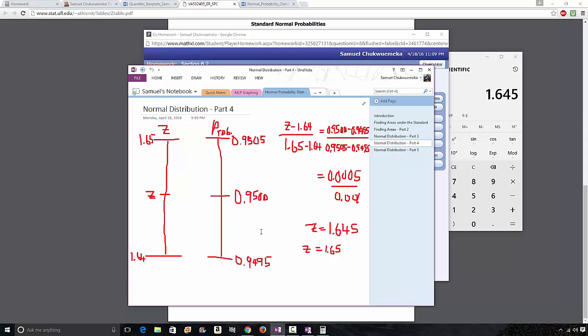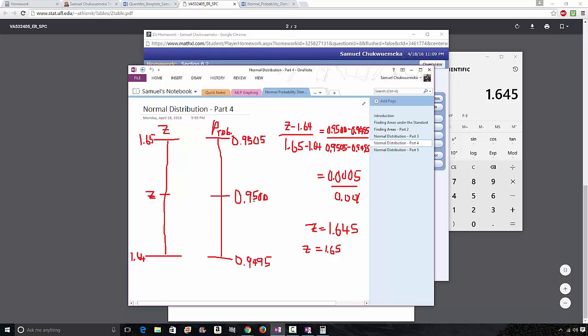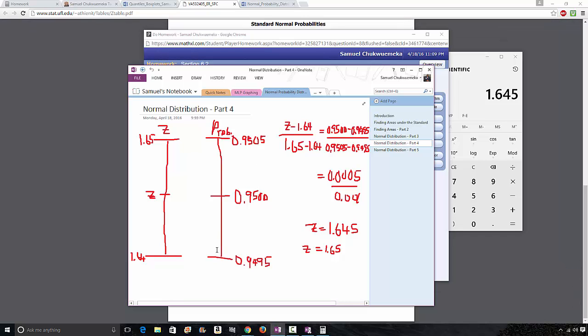We take the square of the distance between this and this, and the square of the distance between this and this. Whichever is smaller, that one is the closest. And because it is the closest, you can just use its z-score right away.